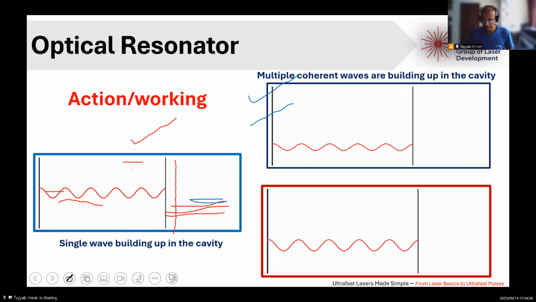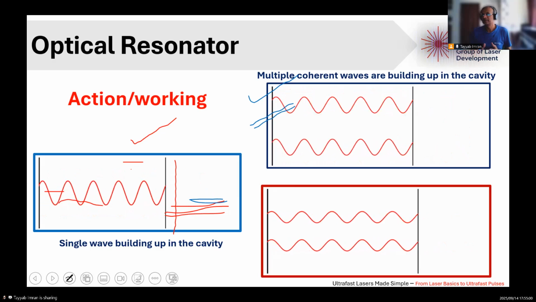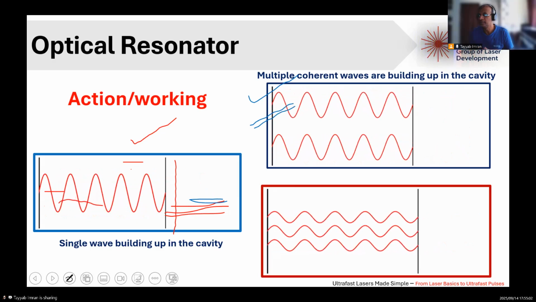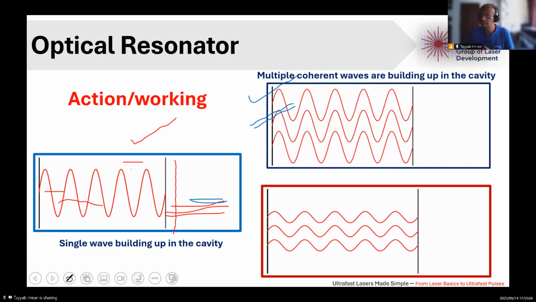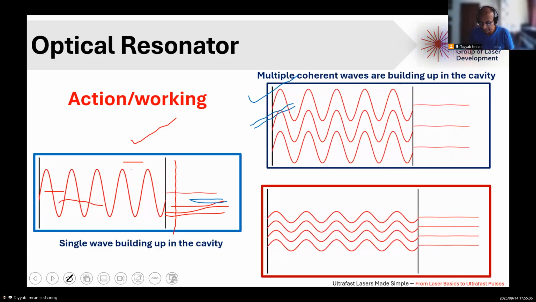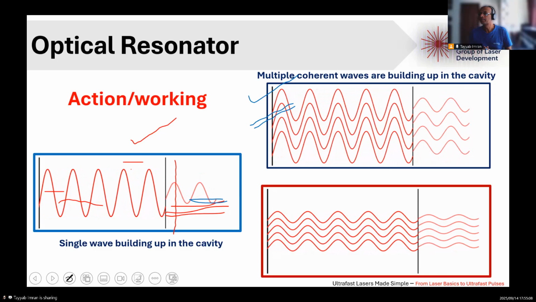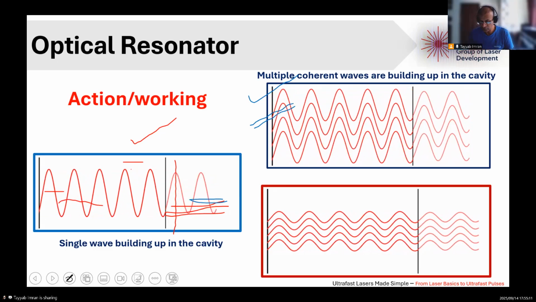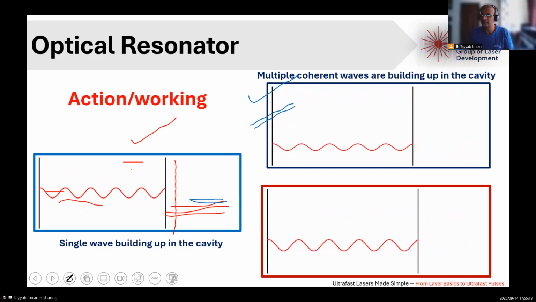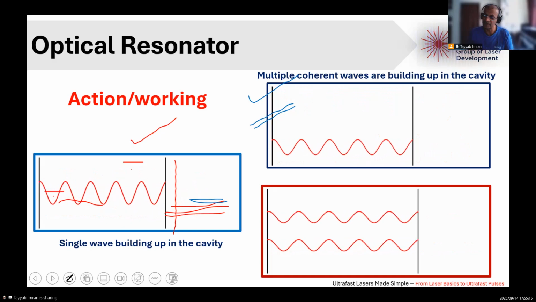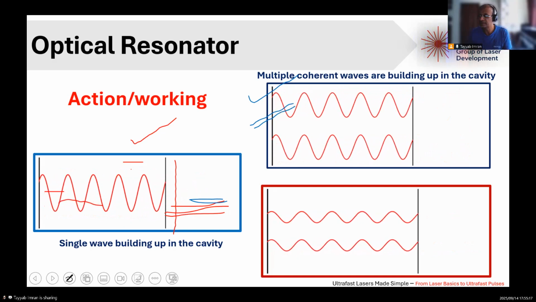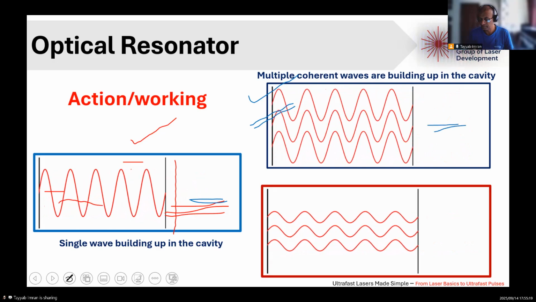Just to demonstrate, I added a number of waves here, and in the beginning the amplitude was small, but with the passage of time the amplitude increased, and when the amplitude reaches a certain level, we see the output here.